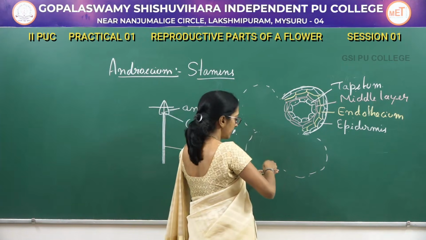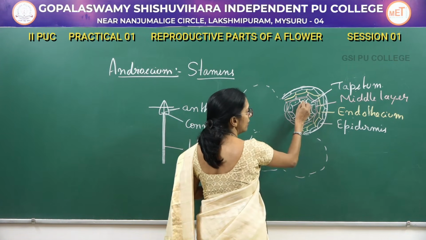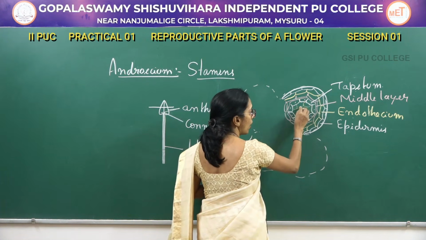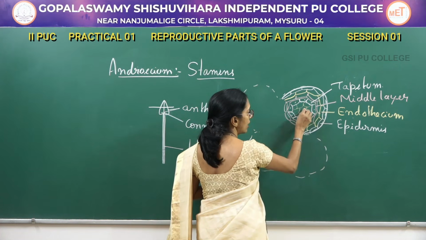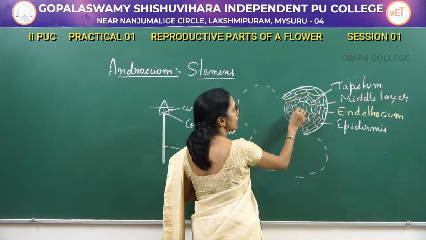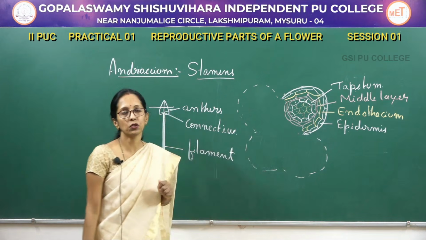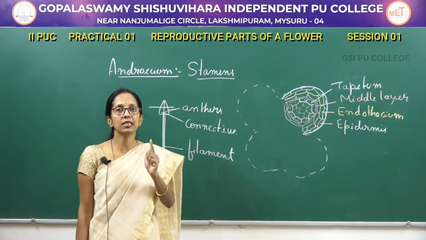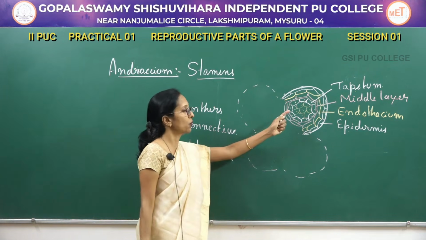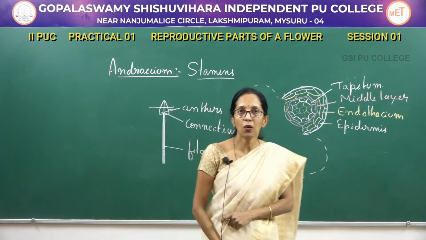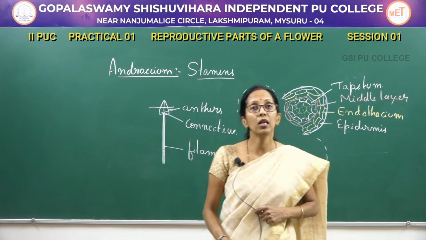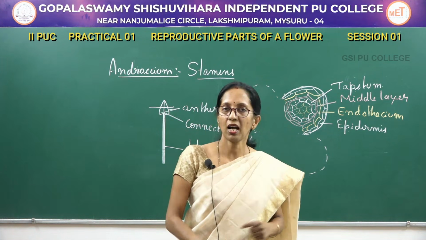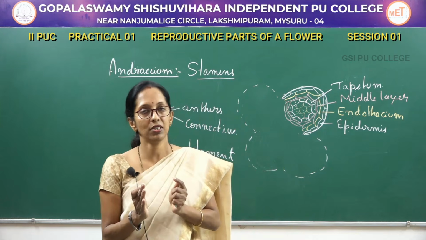Now, inside this chamber there are homogeneous, similar cells, and these cells are said to be sporogenous tissue. Each cell present in the sporogenous tissue acts as a pollen mother cell, and it undergoes meiotic division.